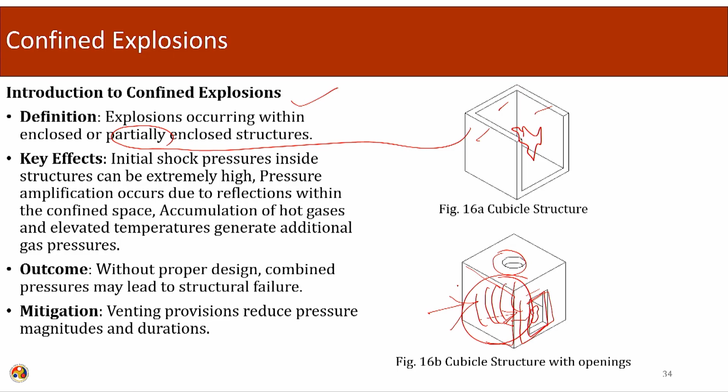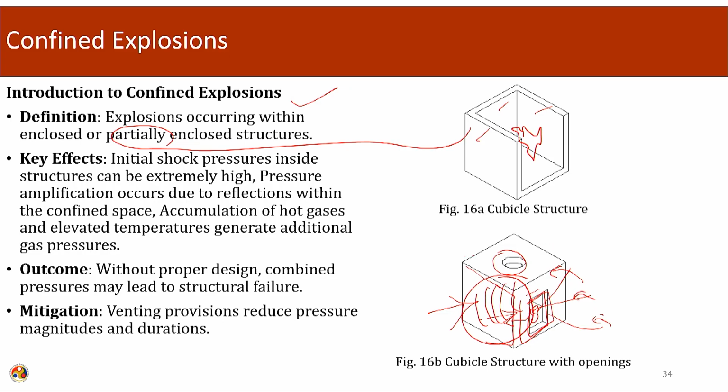In addition, there will be accumulation of hot gases and elevated temperature, which generates additional gas pressure. In this confined explosion, the blast pressure, the heat and all this energy has nowhere to go, so it keeps on accumulating in the structure.